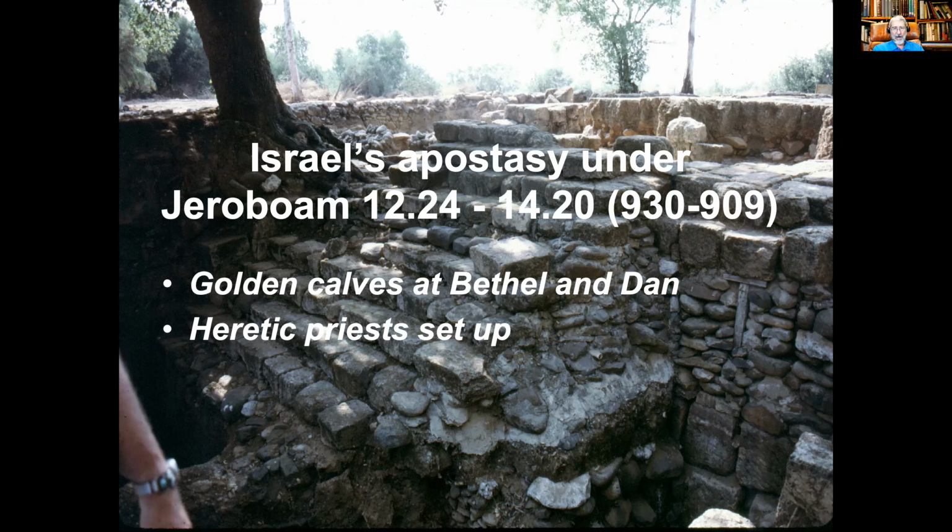All the rest of the acts of King so-and-so and everything that he did, his wars and what he built, are they not written of in this book, the book of the Chronicles of the Kings of Israel?